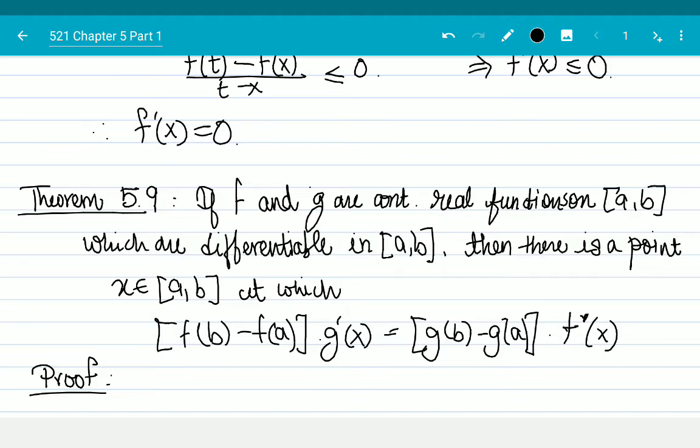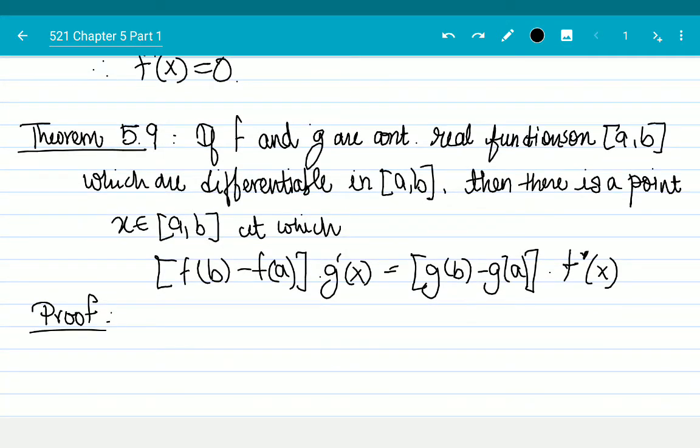Divide by b minus a both sides. Hey, can I show that f prime is 0 here, g prime is 0 here? The points might be at different places, right? F prime might be 0 at a different point, g prime might be 0 at a different point. So the idea is we will try to show that their difference is 0 somewhere.